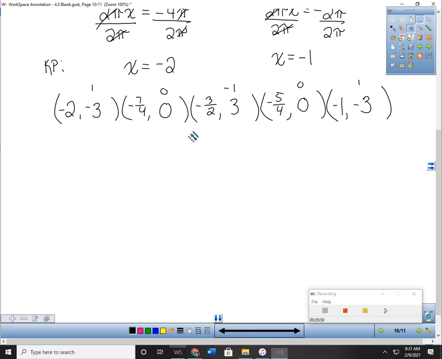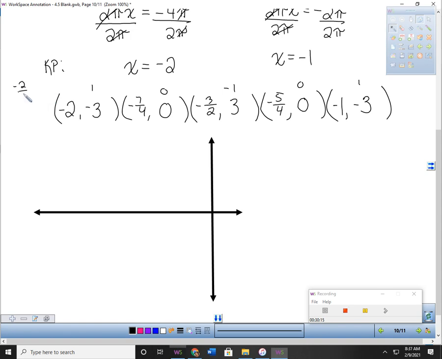I'm going to actually, this is going to be main on the left, right? So I'm going to draw the x-axis like this, kind of do a backwards graph. All right. Now, the common denominator for these, because we have a 4 and a 2, is a 4, right? So if I want to make this with a denominator of 4, I'm going to think of this as being negative 2 over 1, right?